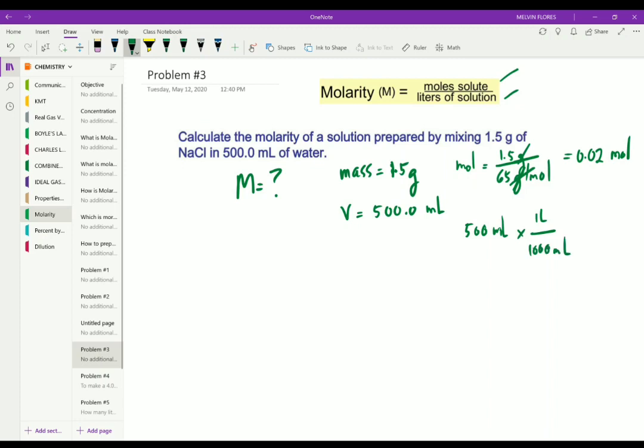So that's going to give you 500 divided by 1000, which is 0.5. So this is 0.5 liter right there.